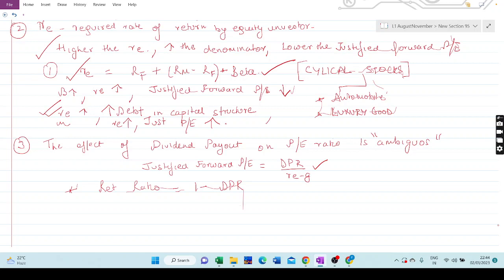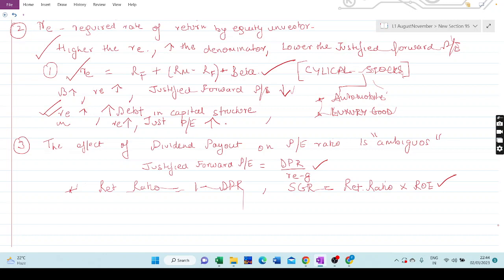What was the retention ratio? Basically, the percentage of profits retained by the company, not distributed as dividends to shareholders. And what was my SGR? Sustainable growth rate, retention ratio times ROE.